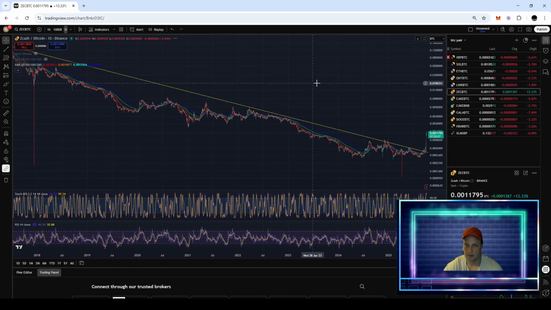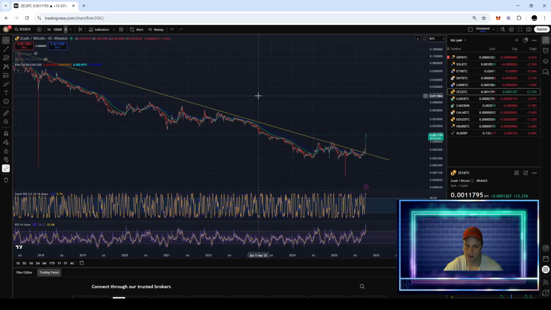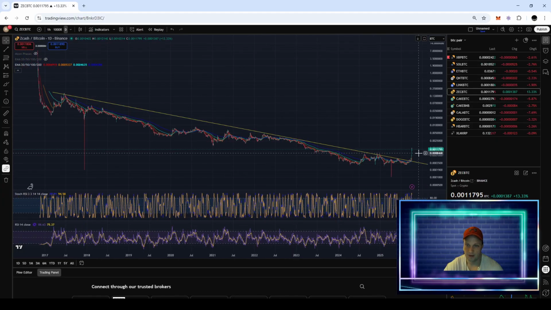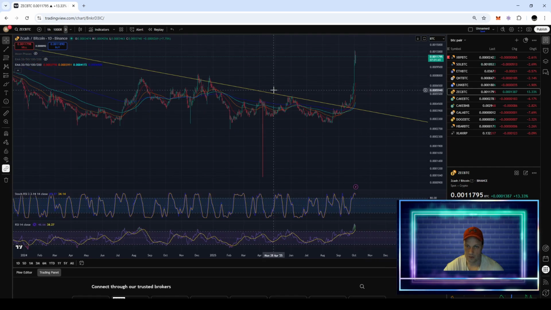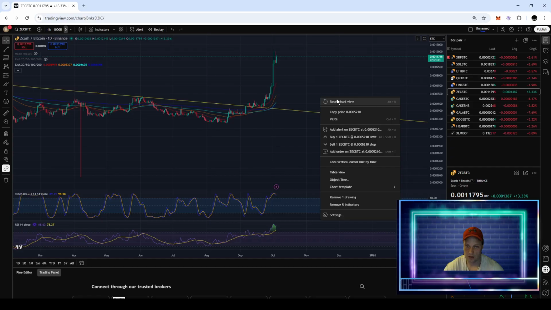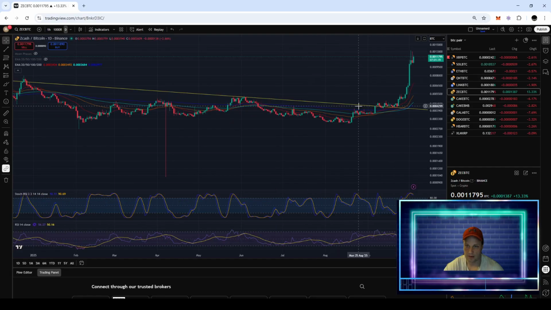Then this one has been absolutely pumping, Zcash, and as you can see, this is only a tiny pump, if you would say. Zcash has been going 3x or around something like that against the USDT pair in the last few weeks. And as you can see, here's where we had this break. This one was kind of hard to judge, of course, but you could still see here's where we start getting above. You see the moving averages are getting below here.